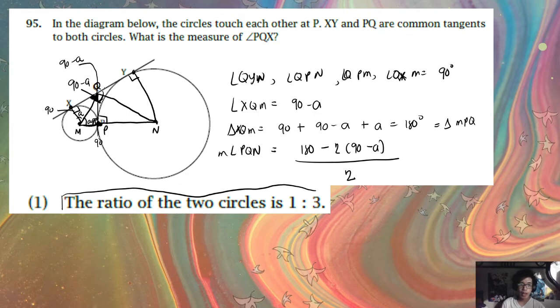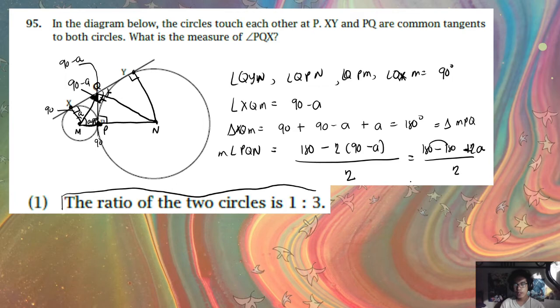Since we have two congruent angles here, PQN and YQN, this is going to give us 180 minus 180 minus 2A all over 2. I'm sorry, plus 2A, because negative times negative is positive.